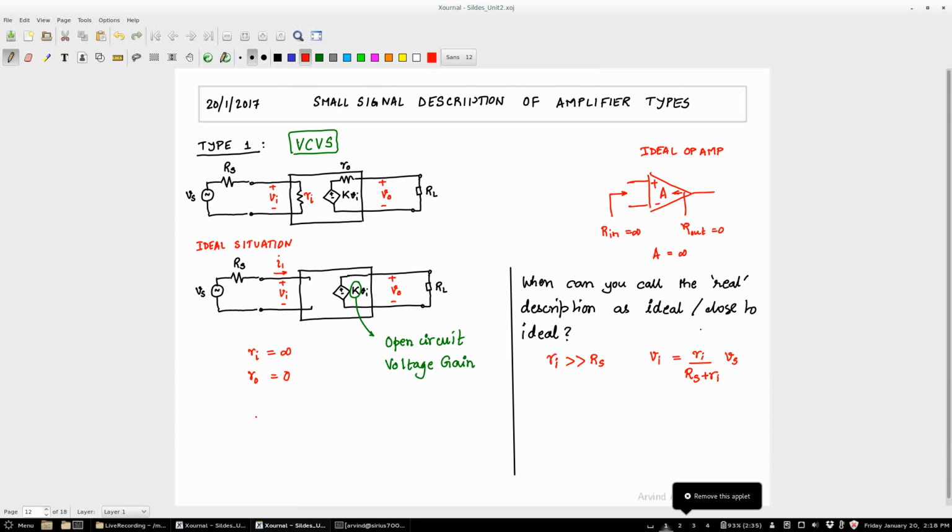See if you can justify it yourself, otherwise I will justify it. What is Vi in terms of Vs? Ri divided by Rs plus Ri times Vs. In the ideal situation, what is Vi?